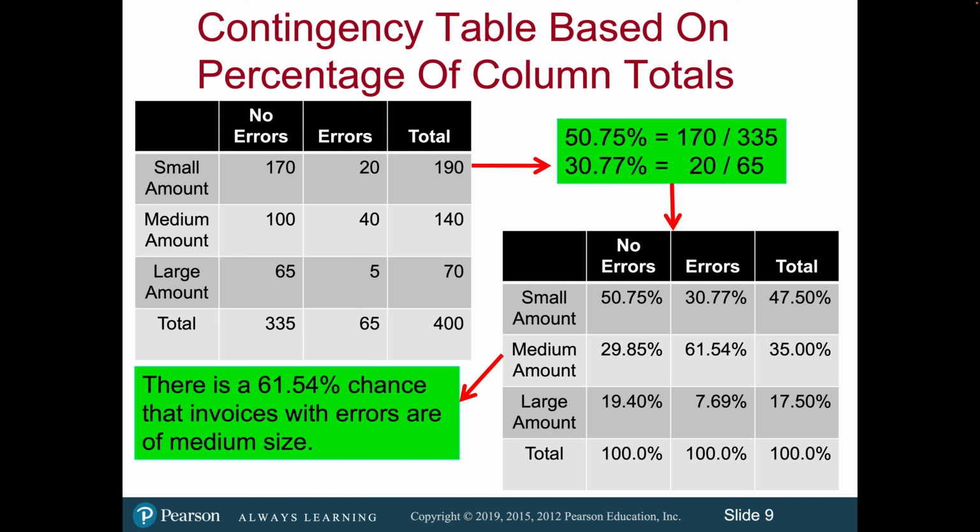In this case, where we're examining the column total, we have more emphasis on the percentage of errors than on the small, medium, and large amounts of the invoices. That can be a little complicated, but you just have to wrap your mind around what percentage, overall, row, or column, we are focusing on.